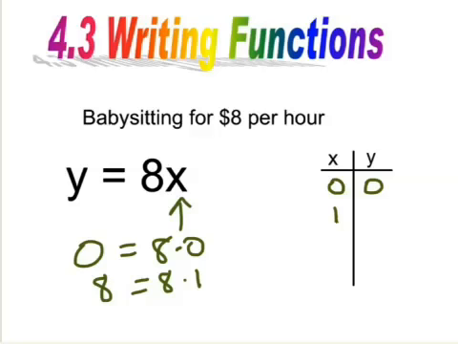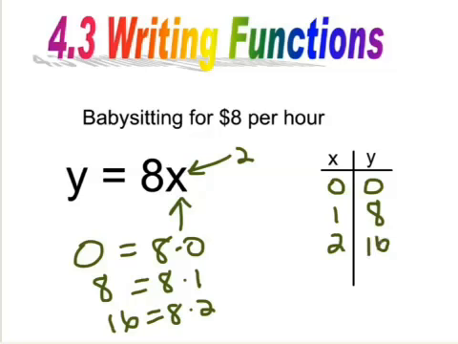We worked 1 hour, we make $8. We worked 2 hours, you plug in 2 there, you're going to get 2 times 8, which is 16. So y equals 16. Remember, y equals, in this problem, dollars, and x was hours worked. And you can continue to do this further and further.